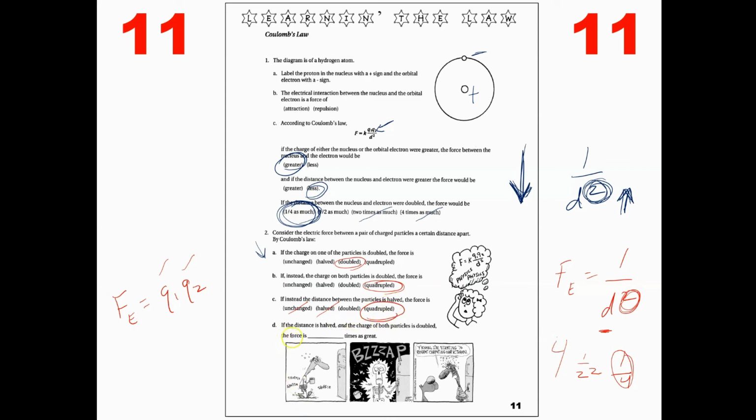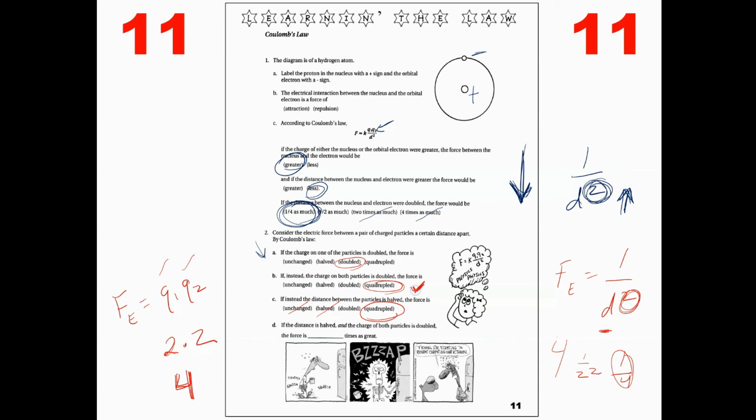All right, if the distance is halved and the charge of both particles is doubled, the force is, so both charges are doubled. A double times a double is a 4 times increase, just like here.